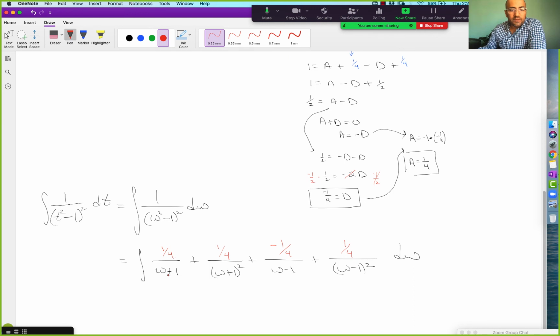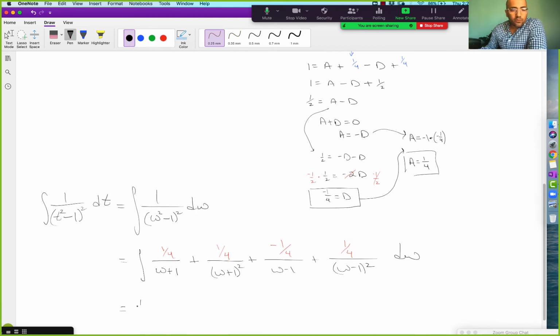Good. This one's easy to integrate. This one is a little trickier, but not too bad. Maybe a quick little u substitution for it. Okay, so let's simplify these.